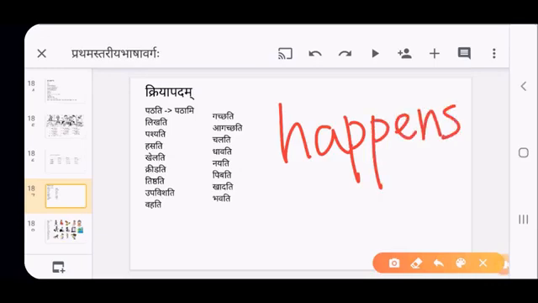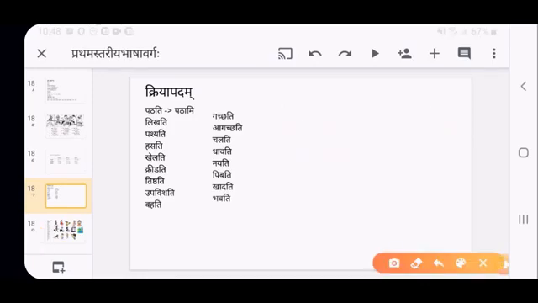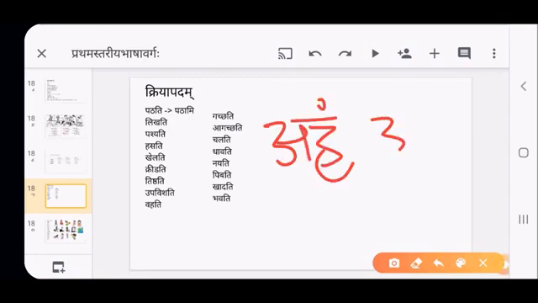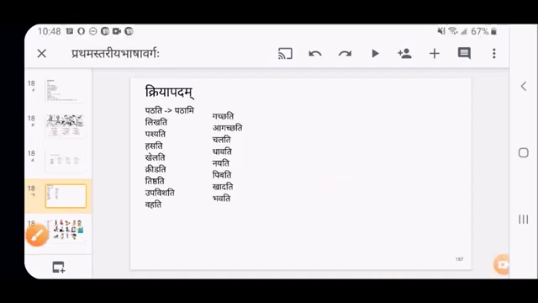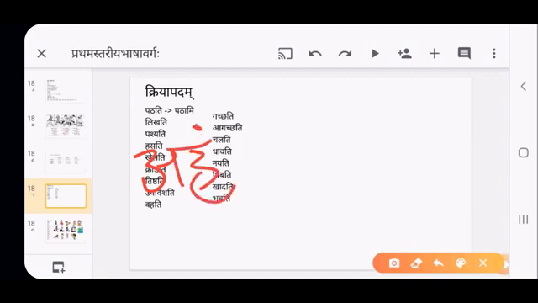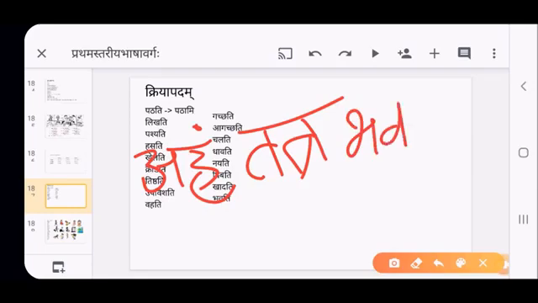For example, you can say aham tatra bhavami, or aham atra bhavami. Atra, you know already. Aham tatra bhavami. What does it mean? I am there.